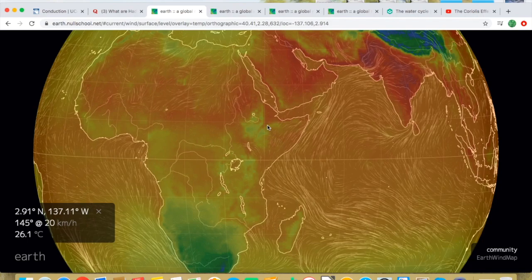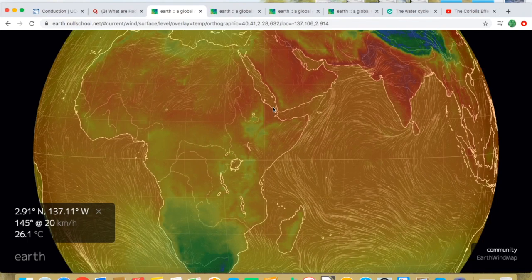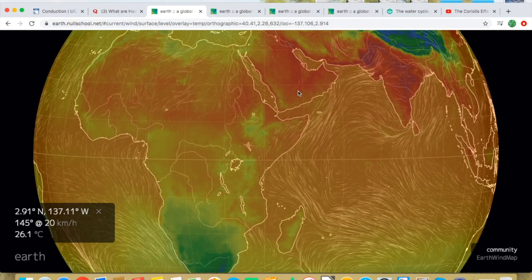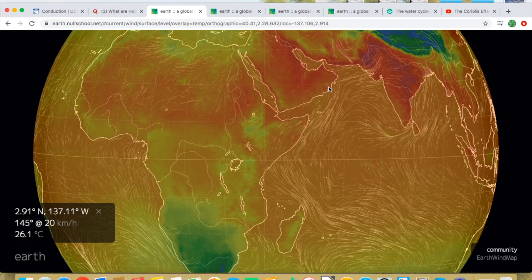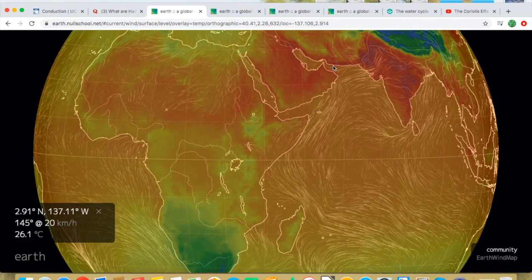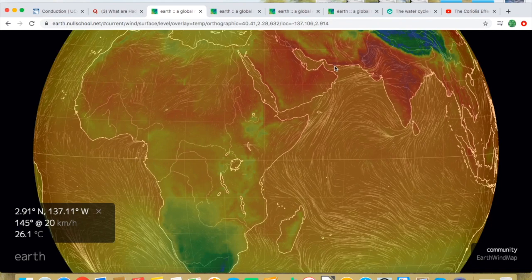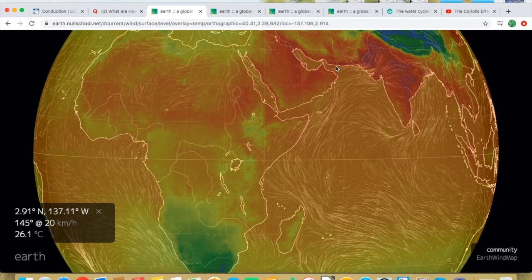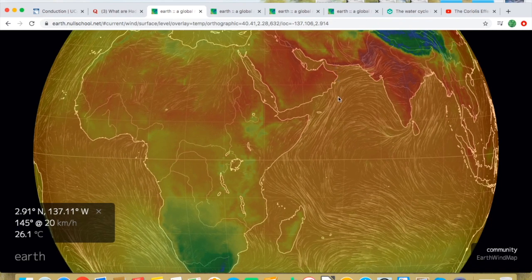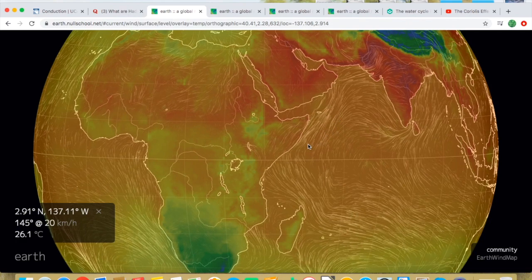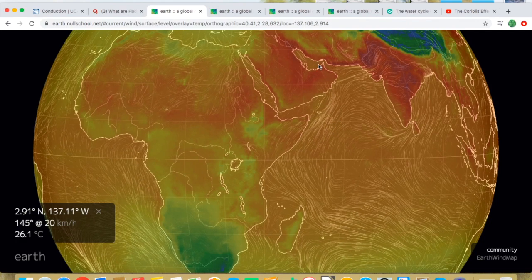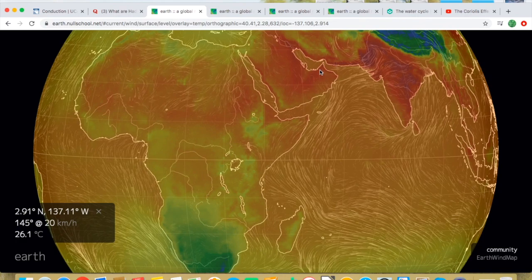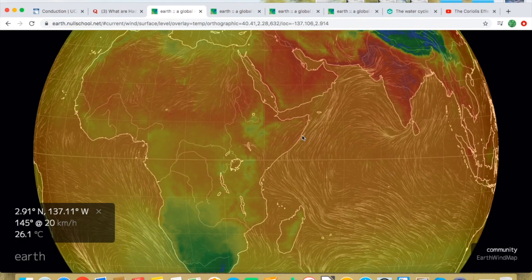As air goes up and north, it also gets deviated, turned, or deflected to the right. Air coming back towards the equator is also, in the northern hemisphere, deflected towards the right. Imagine if you're over here and traveling down in this direction. To do this is going towards the right.